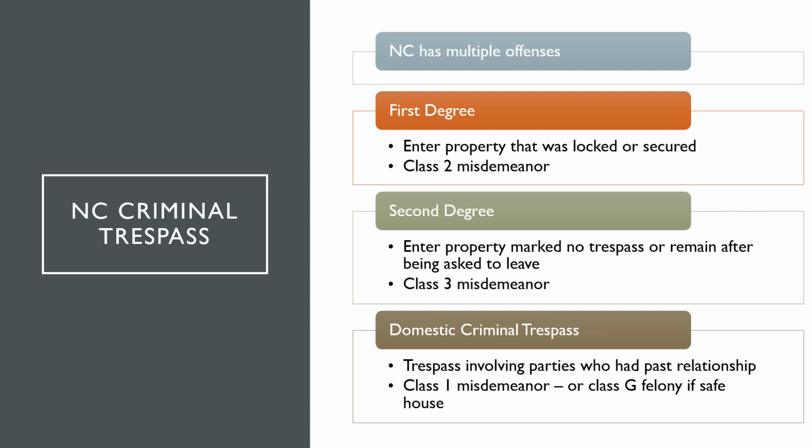Class 3 misdemeanor. The last crime we'll talk about, and the most serious one here, is domestic criminal trespass. Now, I had mentioned this a little bit before, but one of the most common dangers people face, particularly women, is in abusive domestic situations. Yes, this does happen where women abuse men, and it may happen more commonly than we think.